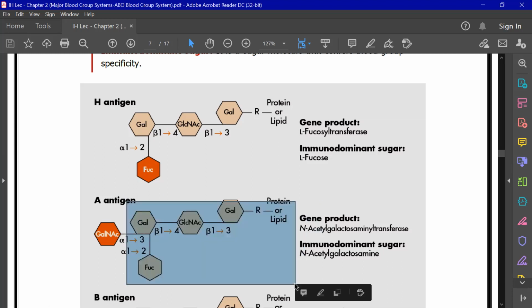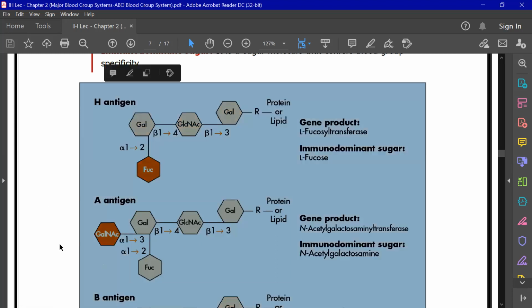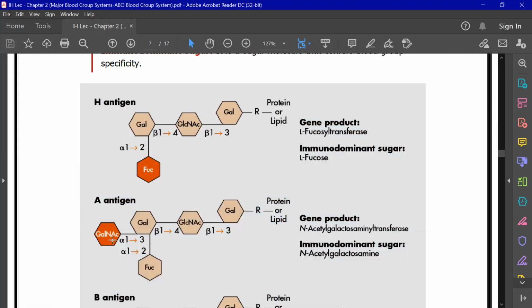This is your H antigen structure class plus yung na-add na sugar, the N-acetylgalactosamine. So the end product of this enzymatic reaction now class is your A antigen. So to simplify, H antigen structure plus your N-acetylgalactosamine will now form your A antigen structure.